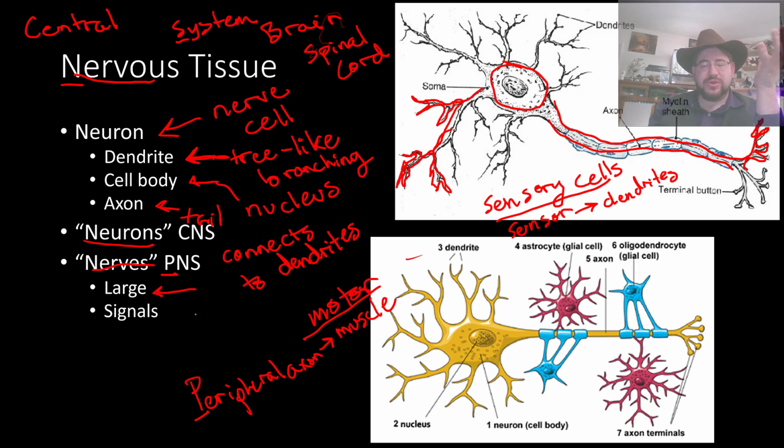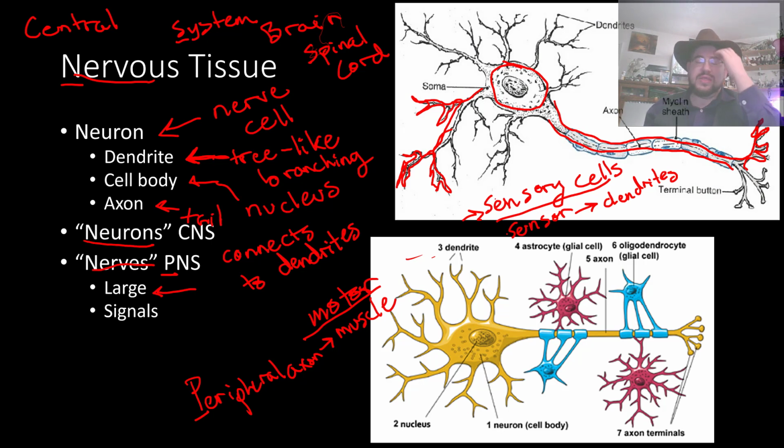So the peripheral nervous system is where you find sensory cells connected to dendrites, which then, it's kind of a cool pathway, the dendrites then send their signal to the axons. The axons are very long, and they eventually connect up to the spinal cord. The spinal cord takes the information from those sensory cells and sends it to the brain, where it's processed.